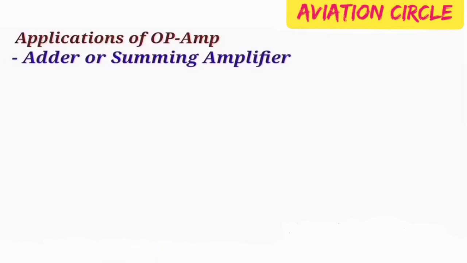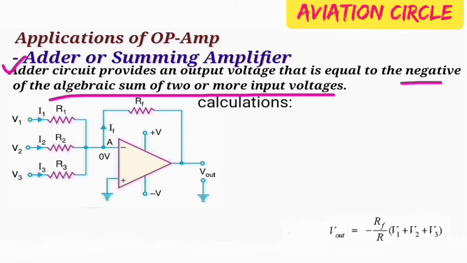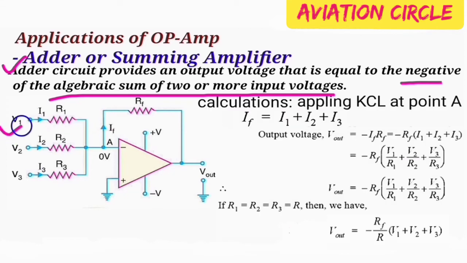Application of operational amplifier: adder or summing amplifier. Adder circuit provides an output voltage that is equal to the negative of the algebraic sum of two or more input voltages. In the adder circuit, we supply V1, V2 and V3 through R1, R2 and R3.